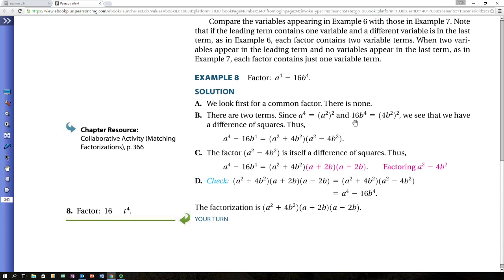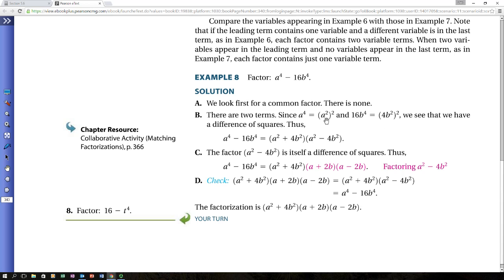Or in other words, I can rewrite 16b to the 4th as the quantity 4b squared all to the 2 power. And if you perform that, make sure, this is an order of operations issue, I can say that's really 4 squared, or 16, and then you multiply exponents and get b to the 4th.